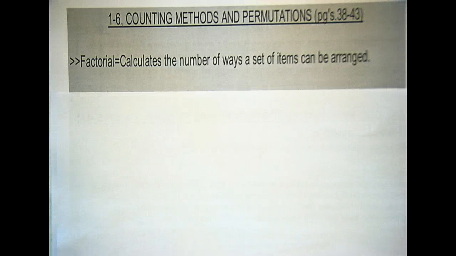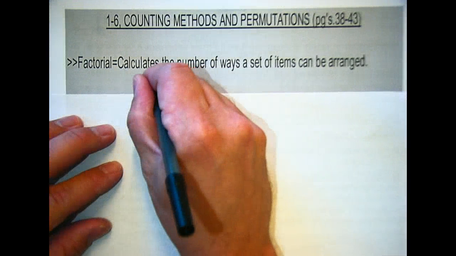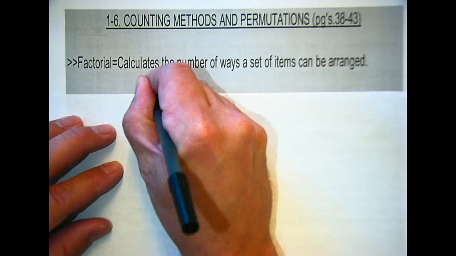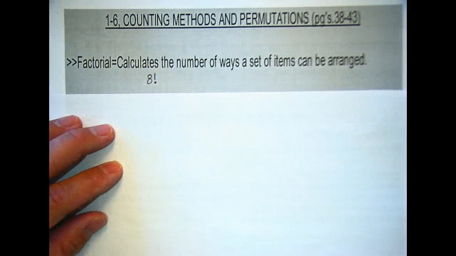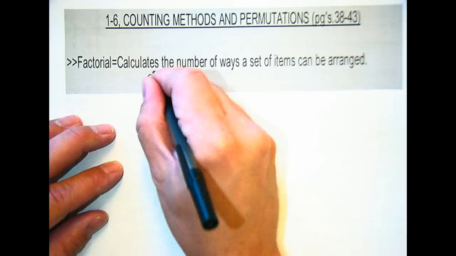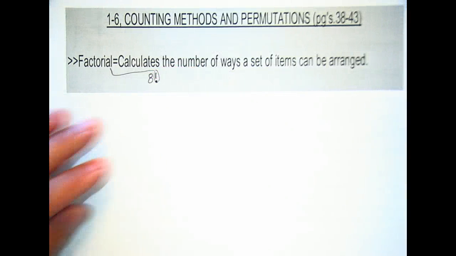After you get that into your notes, copy down this example underneath it. We will call it 8 factorial. This symbol right here means factorial. I know it's an exclamation point, but in math it means factorial.